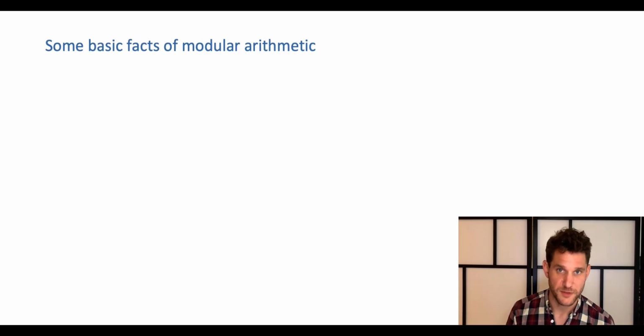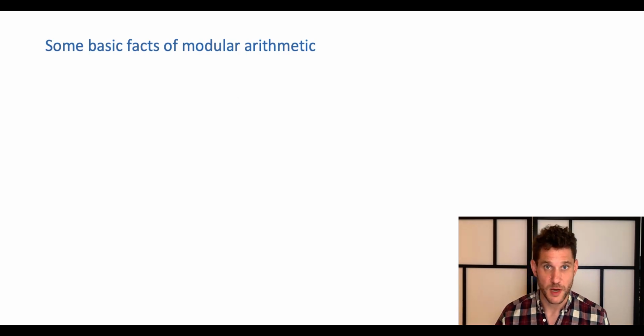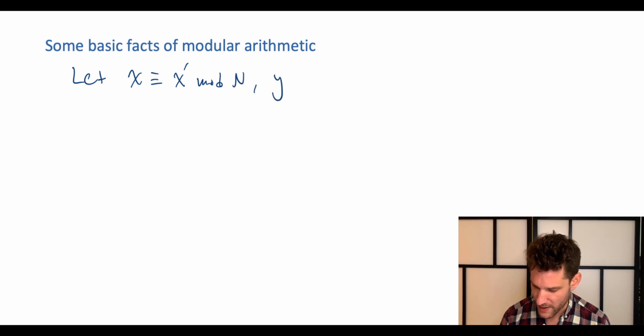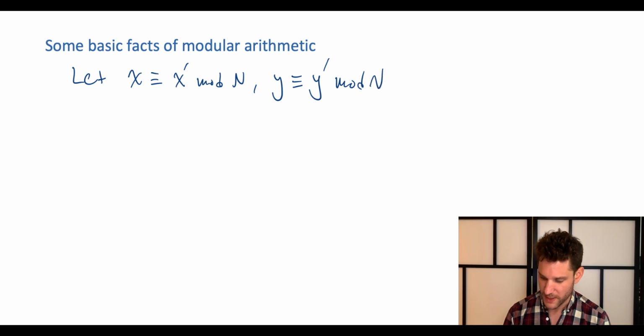So it's useful to consider some basic facts about this congruence modulo n relationship. Assume that we have x congruent to x prime mod n and y congruent to y prime mod n. Just let that be true. Then two facts are true.